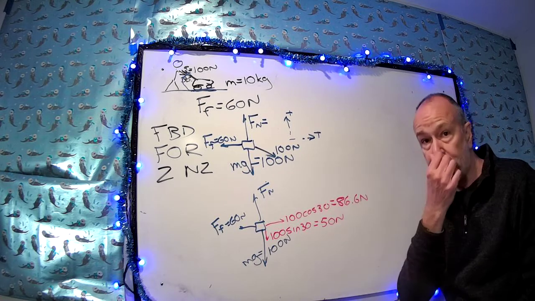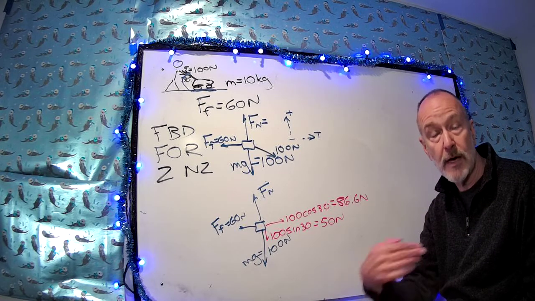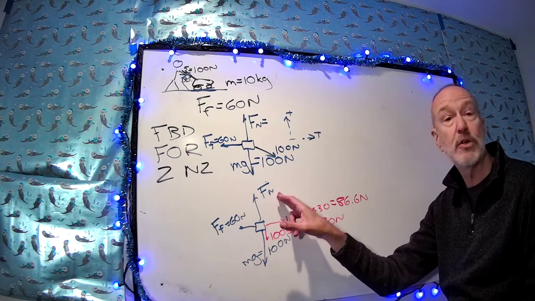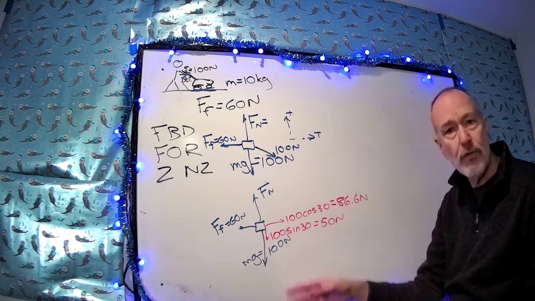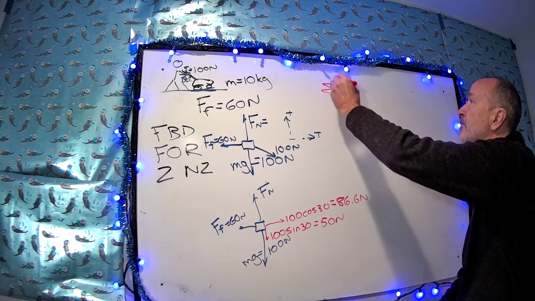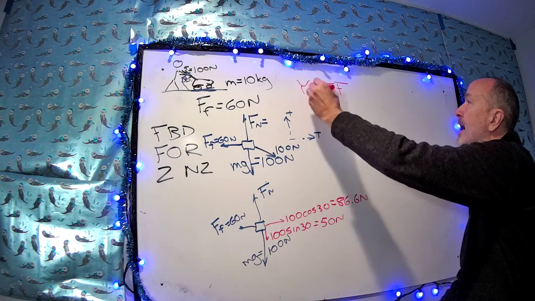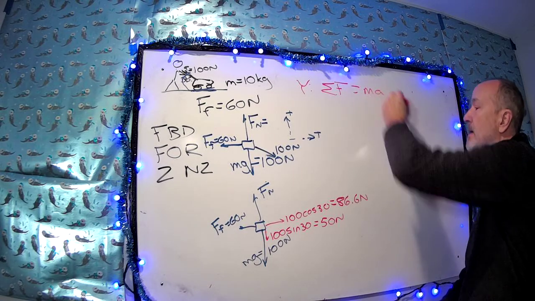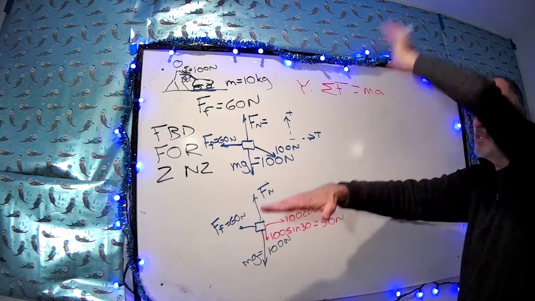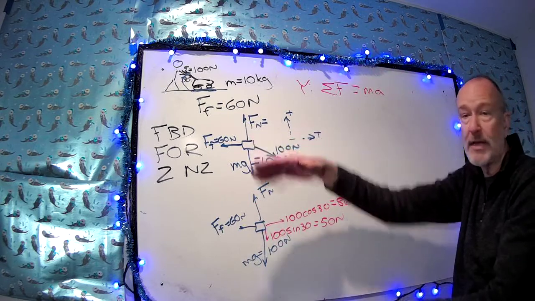Think of this. If we ever had mu given, the coefficient of friction, we wouldn't know this number unless we knew normal force. So you always want to find all these forces. So let me do sum of forces in the y direction. Let me just write it as sum of forces in y equals ma. And once again, the lawnmower, I'm hoping your lawnmowers at home don't mysteriously fly off the ground or plunge down through the ground.